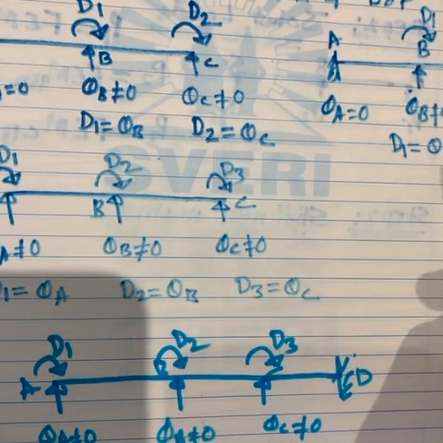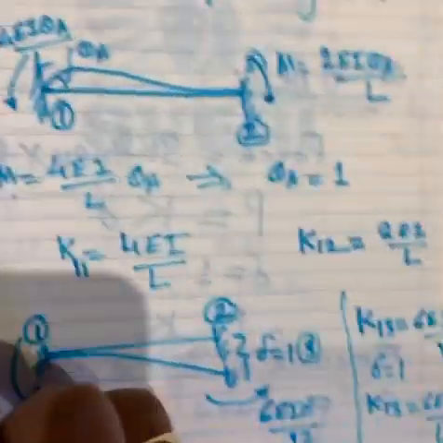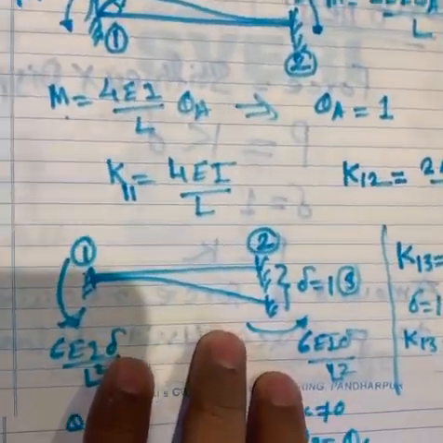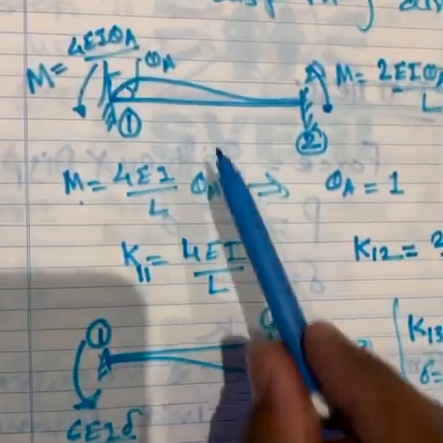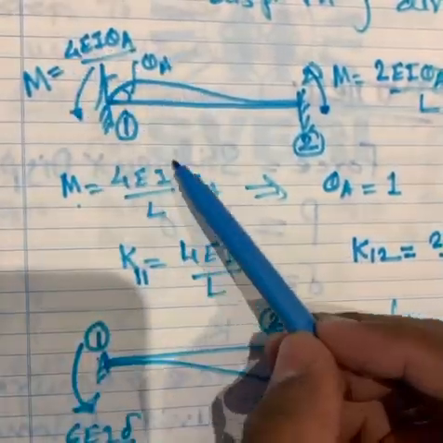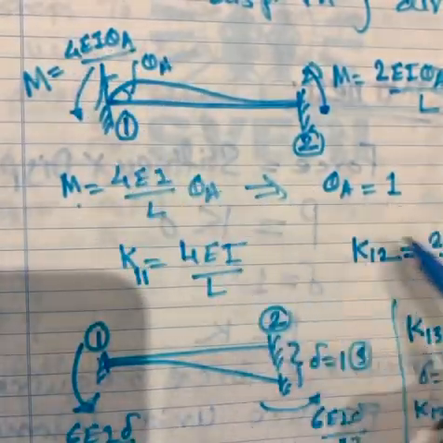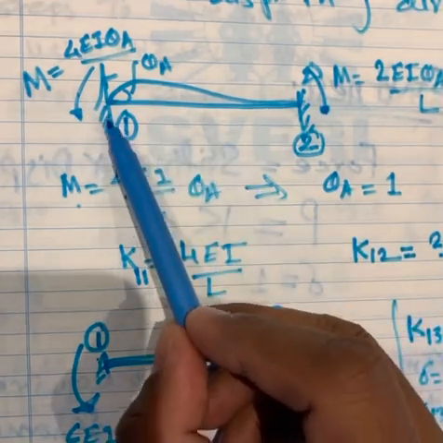And as I told you, the formulas required for this stiffness matrix calculation are very simple: 4EI by L and 2EI by L. So what is 4EI by L?